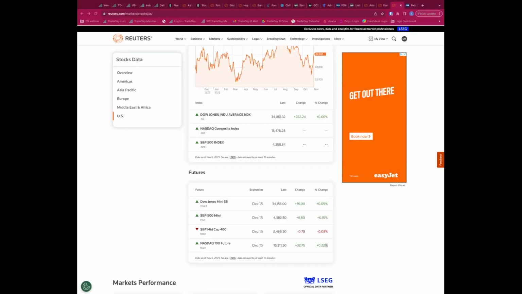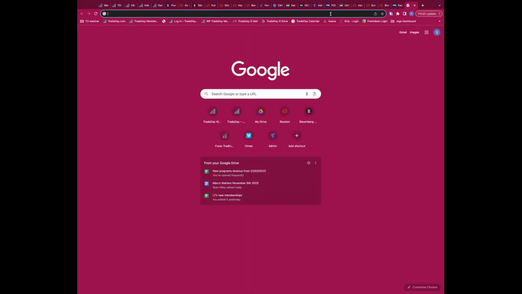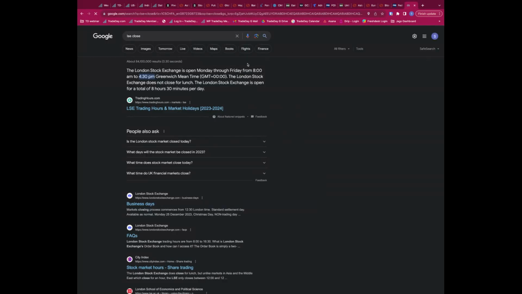The cash market, London Stock Exchange, closes at 4:30 UK time, I think, and then there are various other times on the European exchanges. If you're Eastern, that's 11:30 Eastern. Those closes don't really have much impact on the US stock indices, unless you get a lot of volatility going into the European closes, but you tend not to get that.